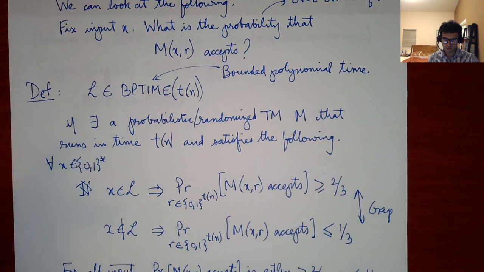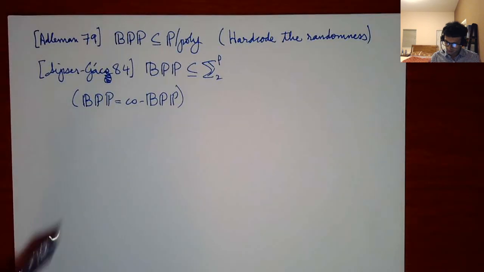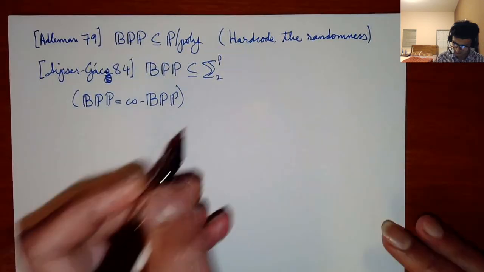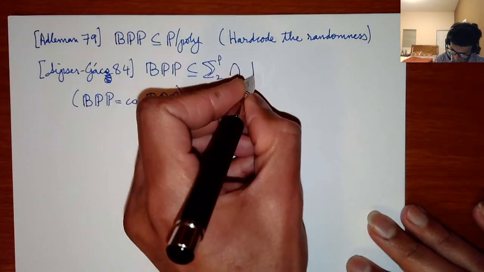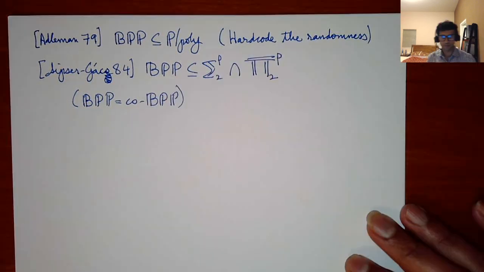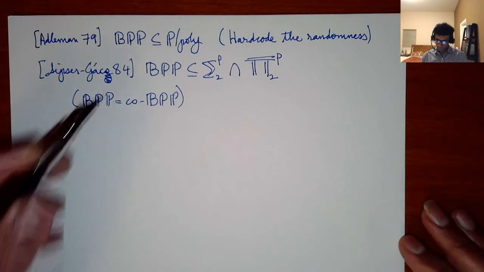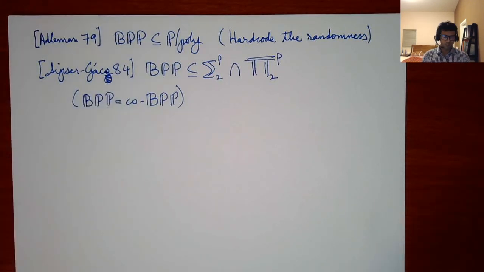And so what you get is that BPP is closed under complement, and hence BPP is actually in sigma 2 intersection pi 2. And these are theorems that I will probably cover in the next lecture.